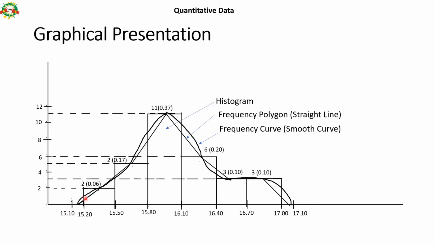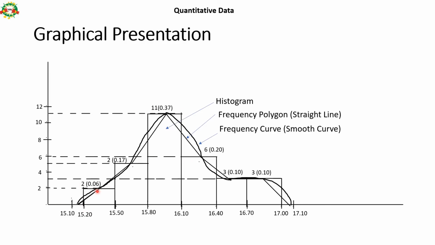So this is the graphical picture. The first class was 15.20. If you remember in the previous slide, this was the first class, 15.20 to 15.50, and two items were there for it. So this is the middle point, right? These vertical bars adjacent to each other are called a histogram.